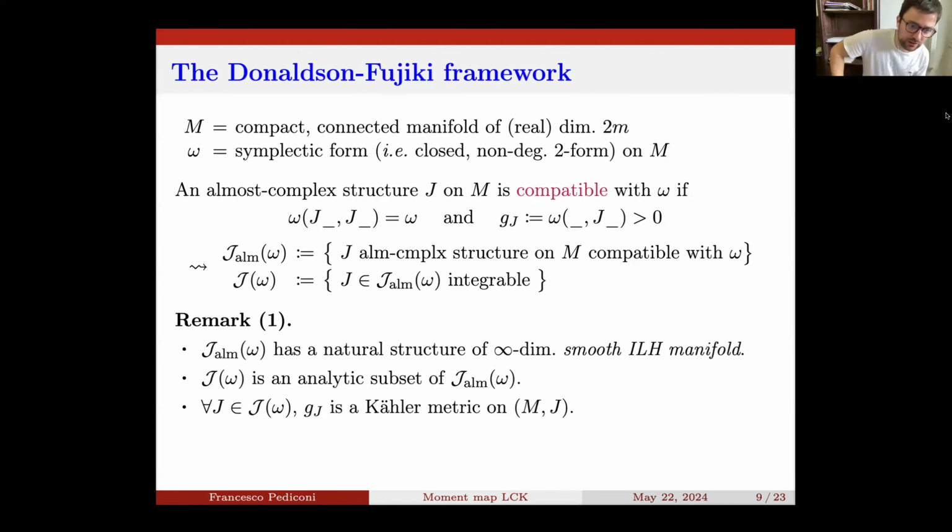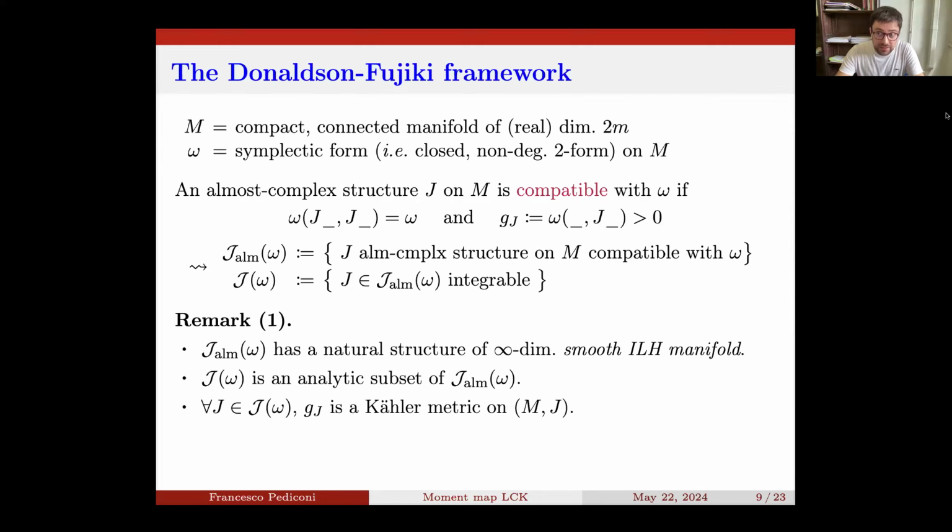Well, the first remark here is that the first space, the space of almost complex structures that are compatible with respect to omega, can be thought of as an infinite dimensional smooth manifold, okay? In particular, they have a natural structure of a smooth ILH manifold, where here ILH stands for inverse limit Hilbert. That is a notion which is similar to the infinite dimensional Fréchet structure, but it is a bit stronger than being just Fréchet.